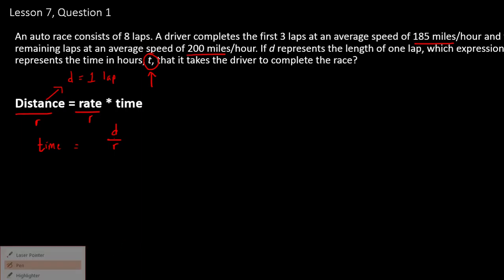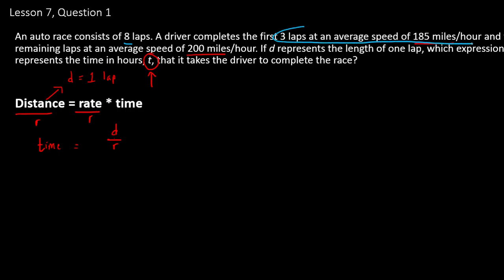Now let's consider the first set of numbers we're presented with, which is that of the total of 8 laps, the driver completes the first 3 laps at an average speed of 185 miles an hour. So if I was computing the time for the first 3 laps, it would be easy for me to say, okay, the time for the first 3 laps is equal to 3D over 185.